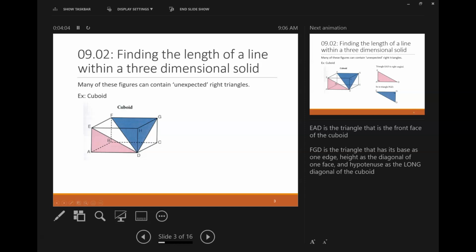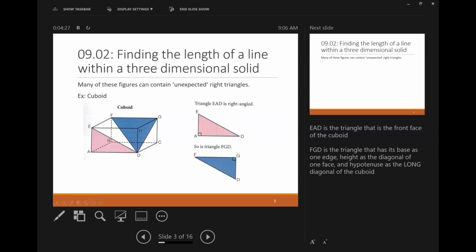Now it is, because this side GD is the diagonal of this face, and I know that FG is part of this face on the back side of the box. And I know the faces of a box intersect at a 90-degree angle. So this angle here, FGD, is a right angle. It's just maybe not easy to see that right away if somebody hasn't pointed those things out to you.